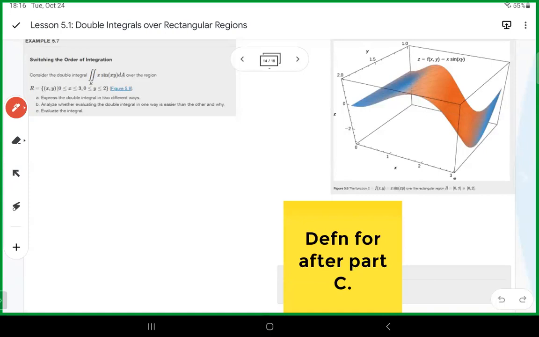So part C says evaluate the double integral using the easier way. So again, we're just going to start at the beginning. And we're going to choose to go from X first.